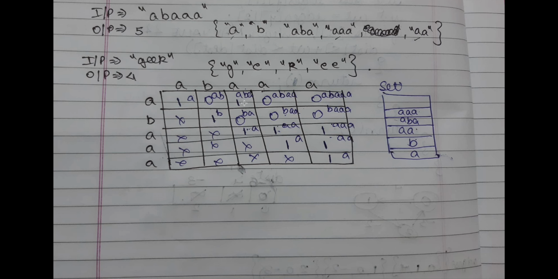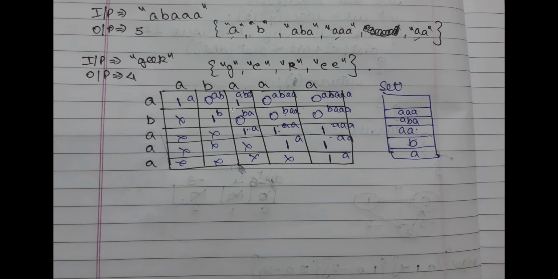You can observe one thing: whatever the middle value is, it's i plus 1 and j minus 1. See, the middle value is equal to this value.